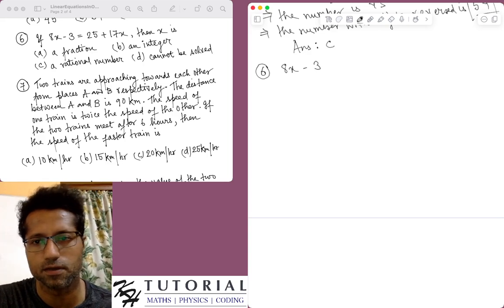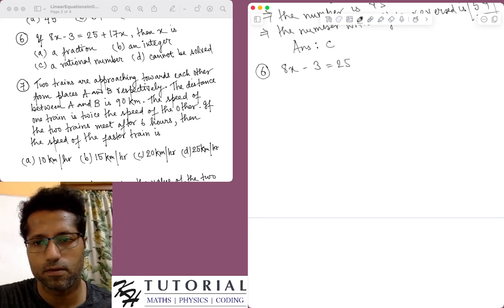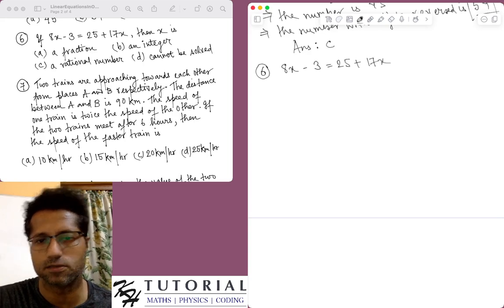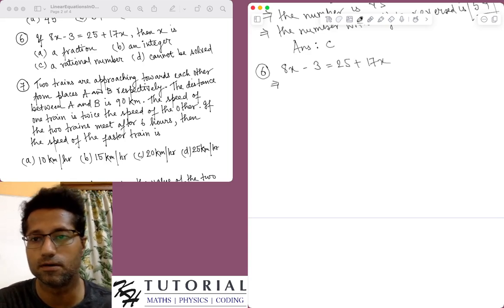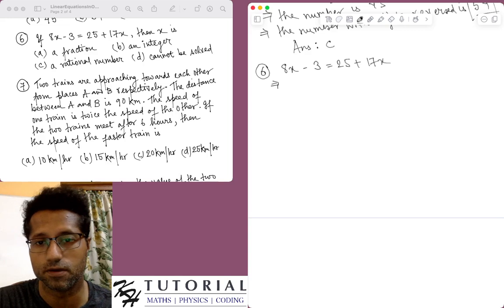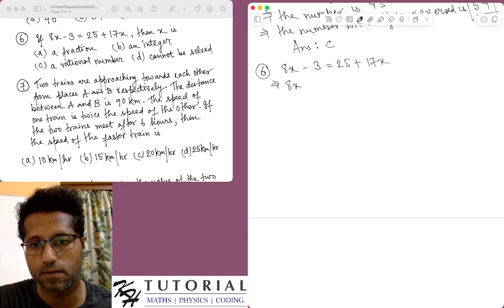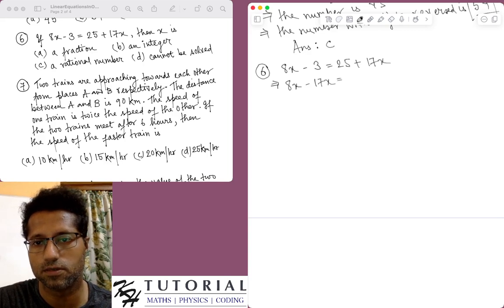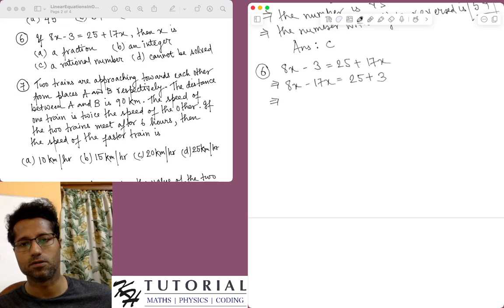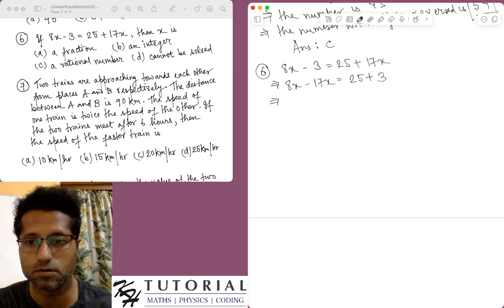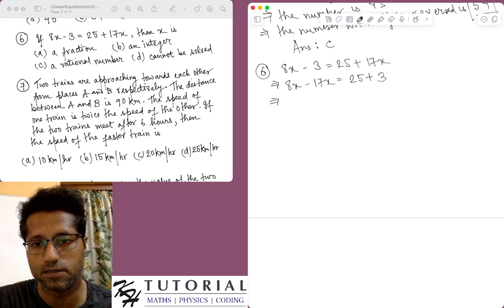It is given 8x minus 3 equals 25 plus 17x. So we bring all the variable terms, that is x terms, on the left hand side and all the constant terms on the right hand side. By transposition of terms, we get 8x minus 17x equals 25 plus 3. Now if we simplify, that is add the variable terms on the left hand side and the constant terms on the right hand side, we get 8x minus 17x is minus 9x equals 28.